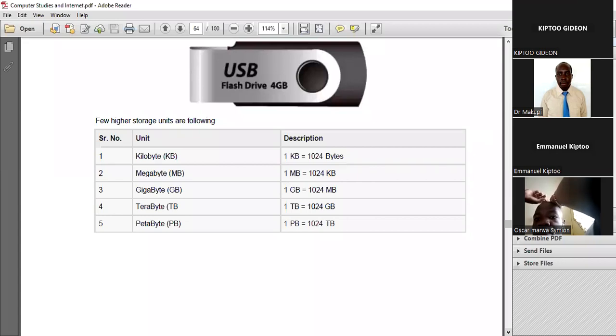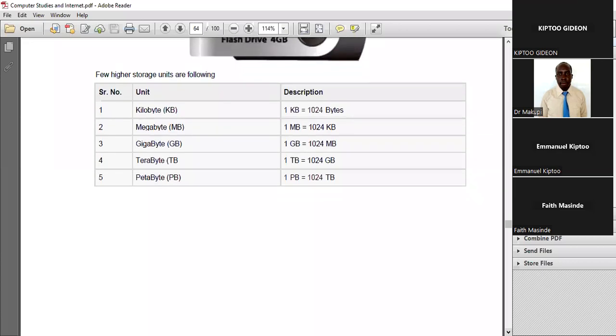So you need these conversions for purposes of doing computations in regard to number conversions, or what we say memory conversions. You can be asked to convert 10 terabytes into gigabytes. It means that you must have this conversion to be able to do those computations. So understand it is very important.